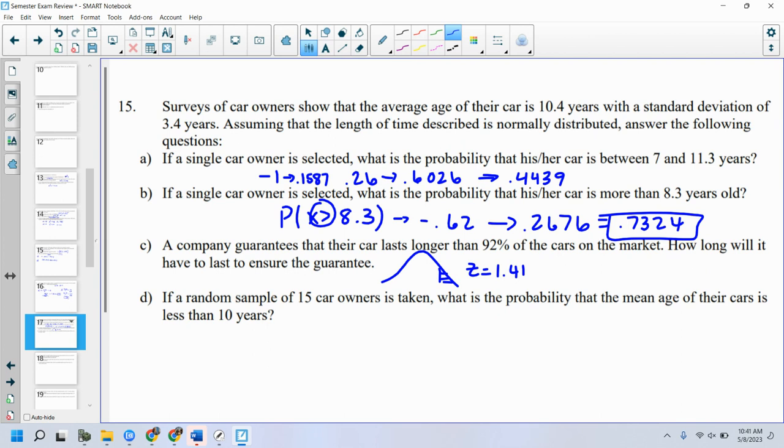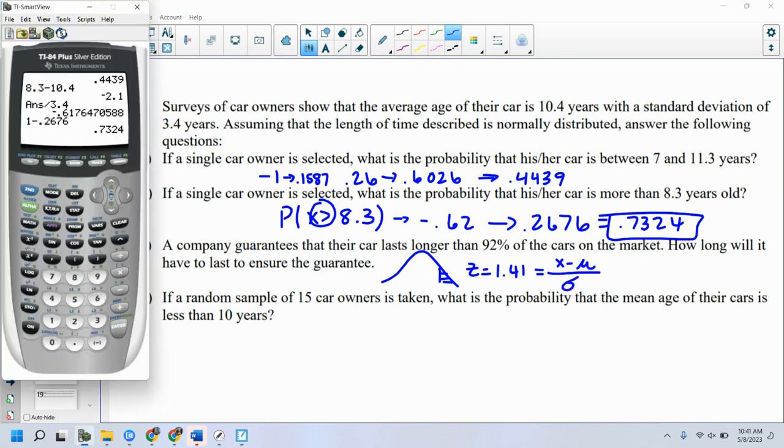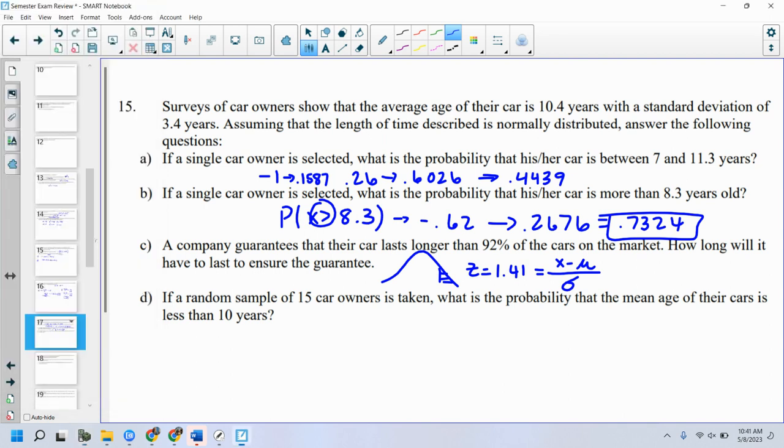So 1.41 is x minus mu over sigma, which means I multiply by sigma, 1.41 times 3.4, and then add mu, plus 10.4. So the car needs to last 15.19 years or more.